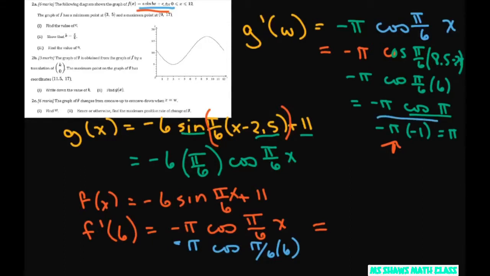That basically gives you the same thing, which gives you pi. So the maximum positive rate of change of g is pi, or you can also write it as 3.14 for 3 significant figures.